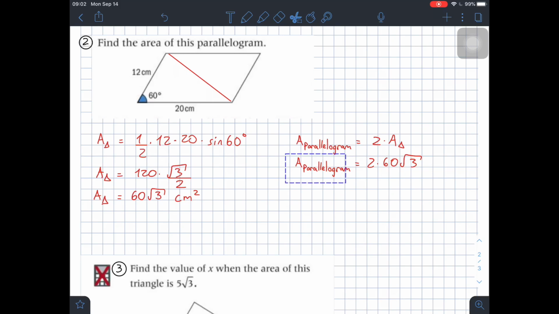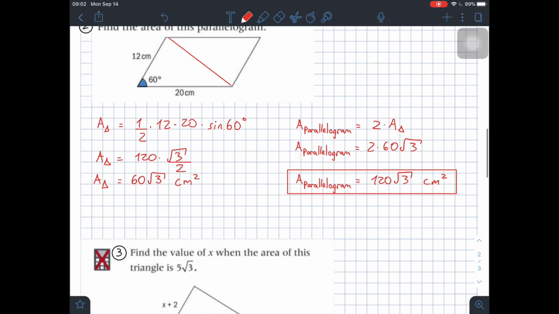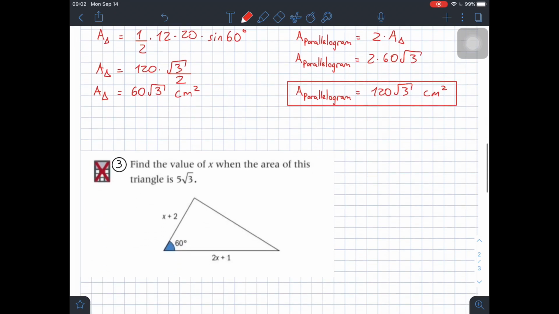So finally, the area of the parallelogram, let me erase this, is equal to 120 √3 centimeters squared. This is the area of the parallelogram if we leave it with the exact value, okay? So I think this is quite easy, right? Let's see this last example and then we're done.